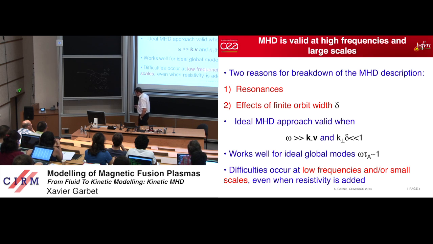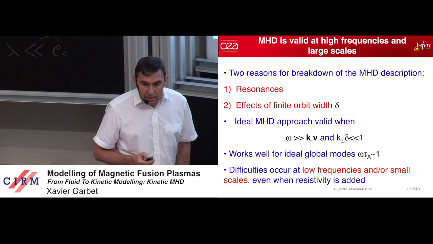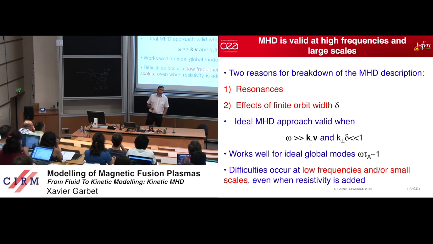And if the growth rate is of the order of the inverse of the Alfven time, you find that the first condition is usually fulfilled, at least in a tokamak. Except, and we'll see this example, if you have a population of fast particles like the alpha particles produced by fusion reactions. In that case, of course, the velocity, which is quite high, can match the phase velocity of the mode, or the wave.